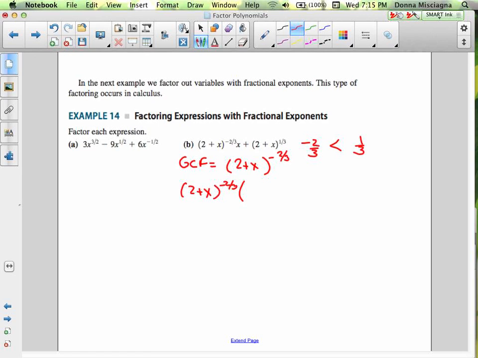So this would be 2 plus x to the negative 2/3 minus a negative 2/3 power, and then we had an x in there, times x.